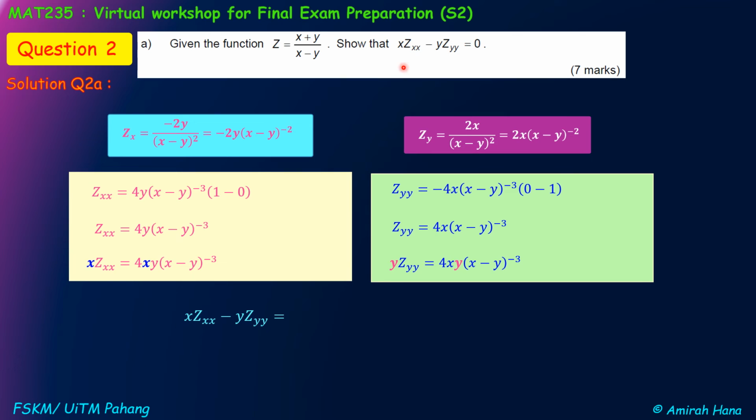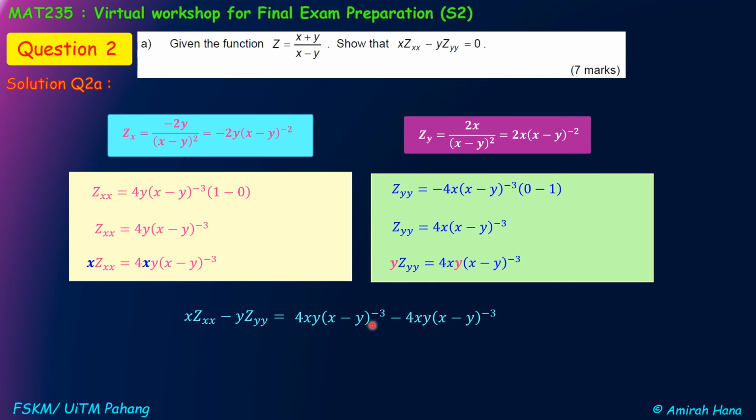We have xzxx minus yzyy equals to, we replace xzxx equals to 4xy times x minus y bracket to the power of negative 3, and then minus, we replace yzyy equals to 4xy bracket x minus y to the power of negative 3.